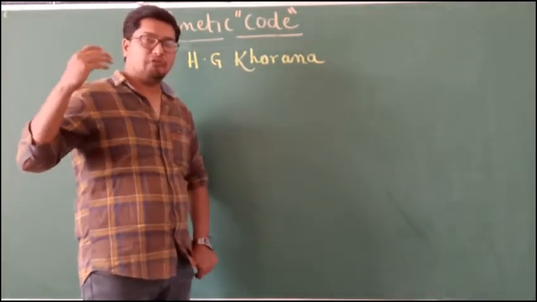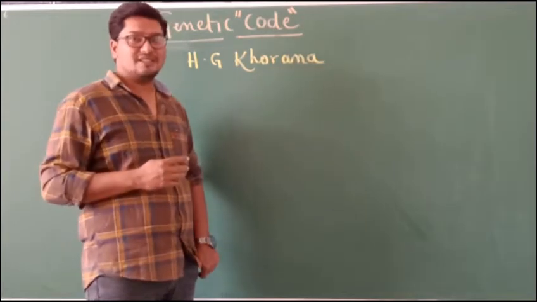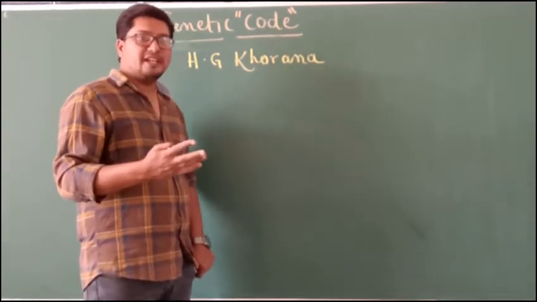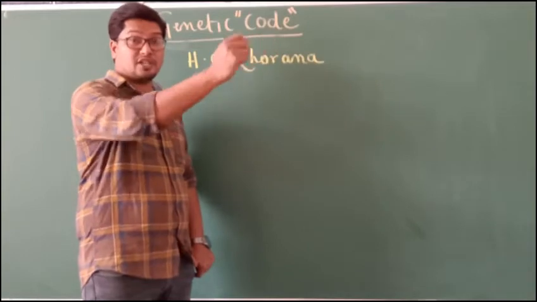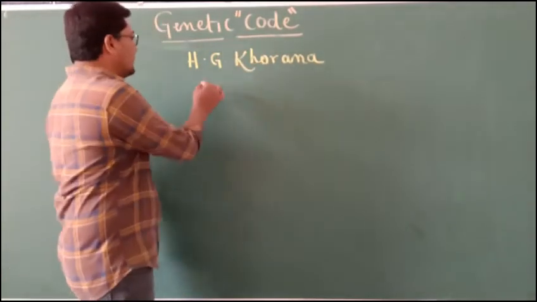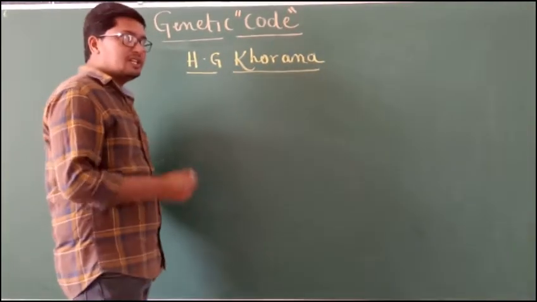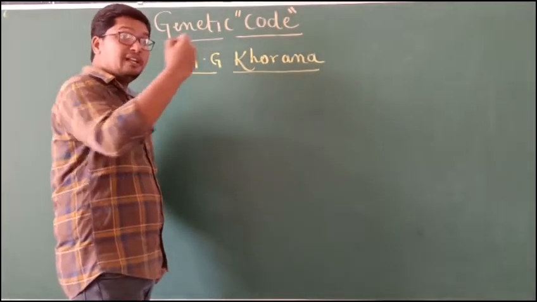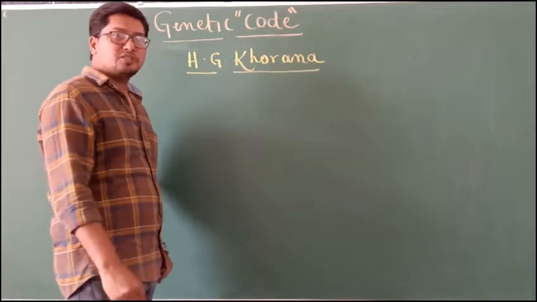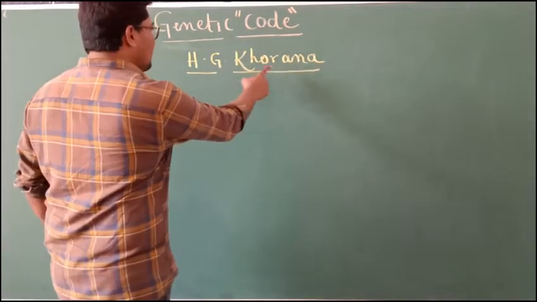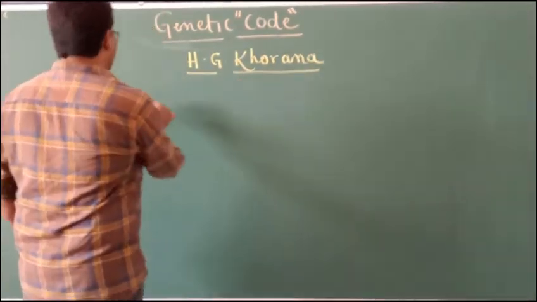Simply we can say the father of artificial gene synthesis, and he is also involved in the discovery of the cloverleaf structure of tRNA. A very great scientist in the field of molecular biology, Hargobind Khurana. He strengthened and experimentally proved that genetic code must be a triplet. So how did he prove that?